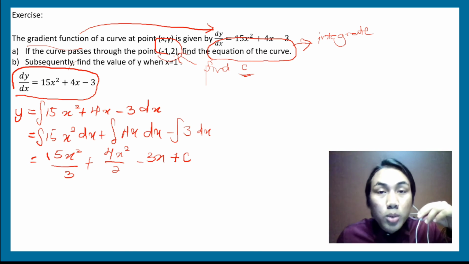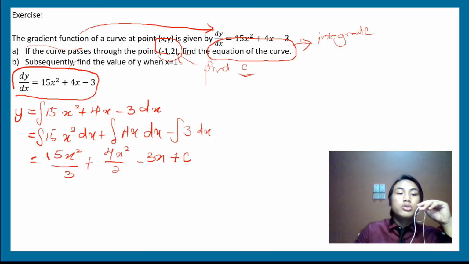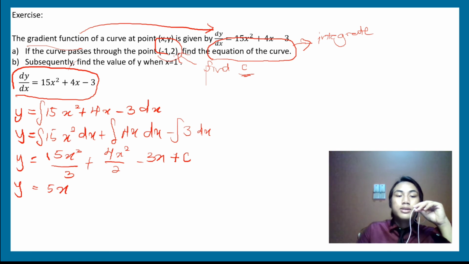You have to write it. Here, this is not the best answer because 15 can be divided by 3 and 4 can be divided by 2. So we give the simplest form. 15 over 3 is 5x cubed plus 4 over 2 is 2x squared minus 3x plus c.